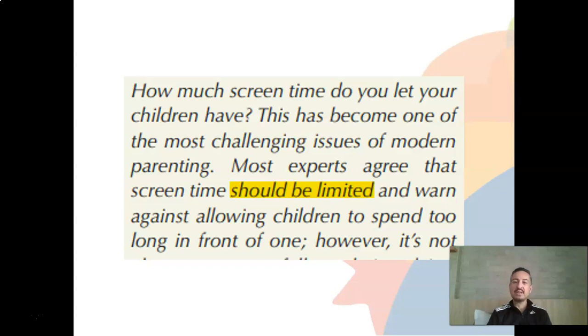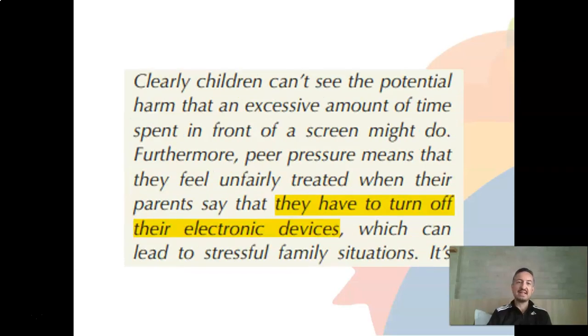Most experts agree that screen time should be limited and warn against allowing children to spend too long in front of one. So, should be limited. Here we have the word should and the verb be. Let's see the next example. Clearly, children can see the potential harm that an excessive amount of time spent in front of the screen might do.